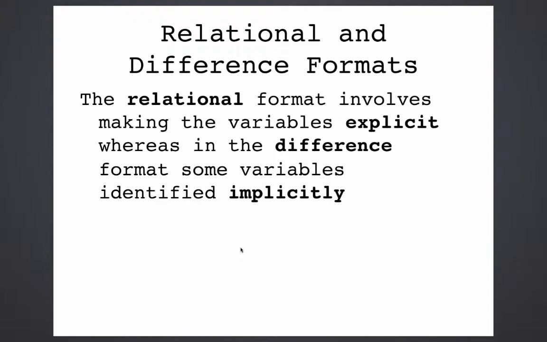Alternatively, you can write your question and hypothesis using a difference format, and this is where you actually refer to levels of a variable as opposed to the name of the variable itself. And so you're implicitly giving the name of the variable, but you're not actually writing it out in your hypothesis or question. The only real way to understand these concepts is to see them in action.